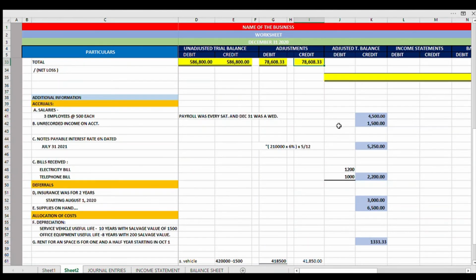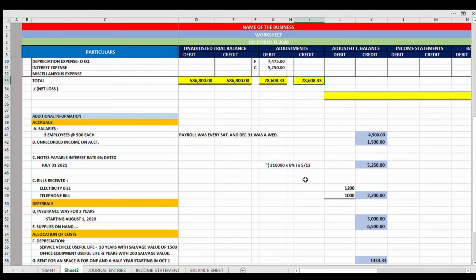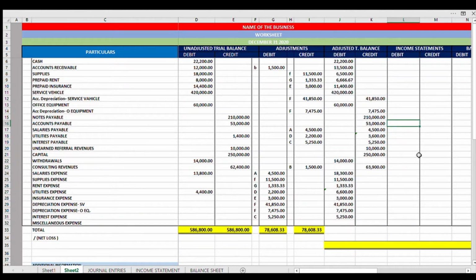So all we have to do now, since we have accounted for all of the information under the adjustments, now we will just extend our accounts to the adjusted trial balance. Okay, so here it is, so we just add the adjustments to the previously recorded balances, and we will deduct it should be deducted.